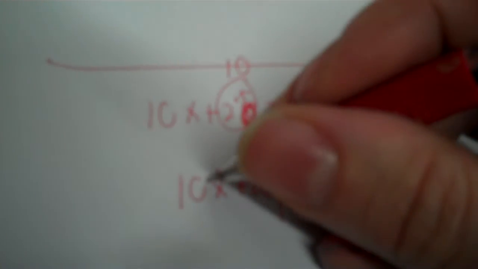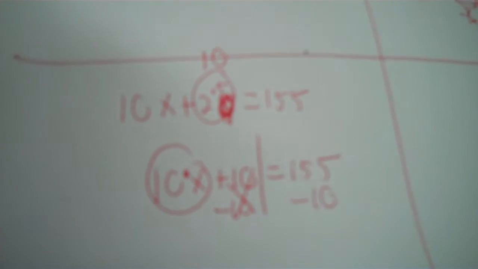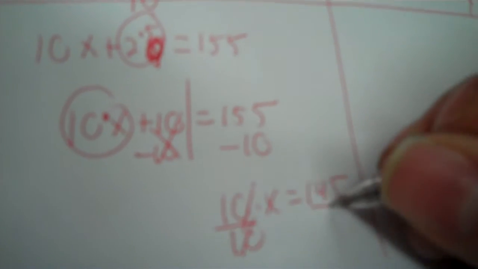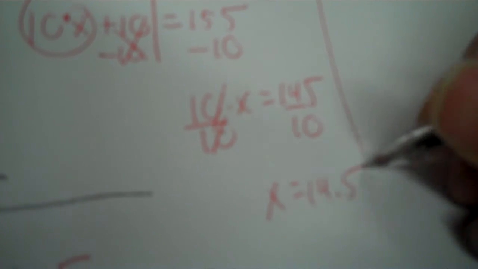Okay. So we subtract 10. That's 145. Divide by 10. Divide by 10. That's 14.5, but hey, that's okay because it's a money amount, money per unit, so it'd be $14.50.